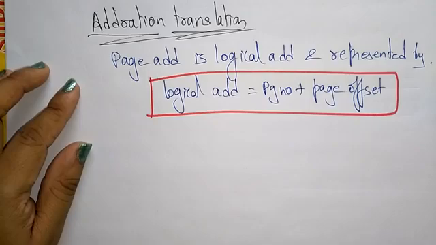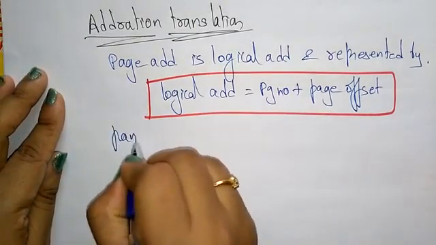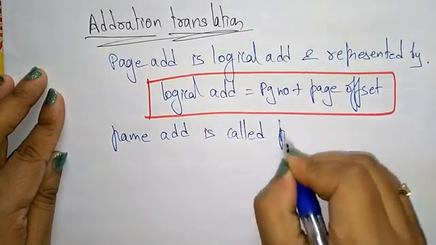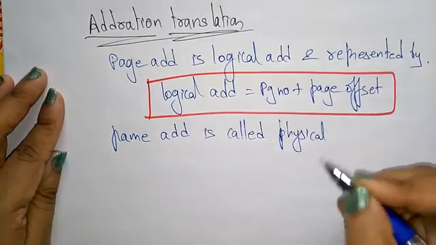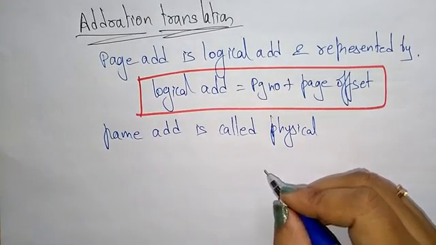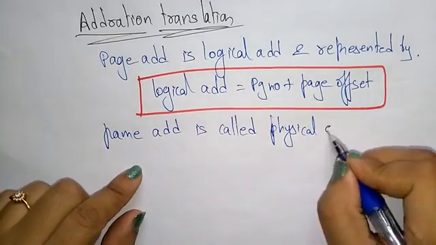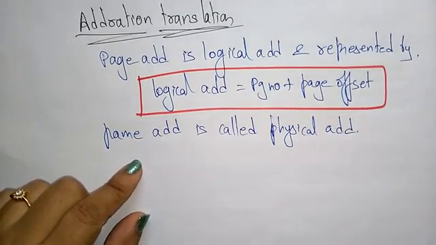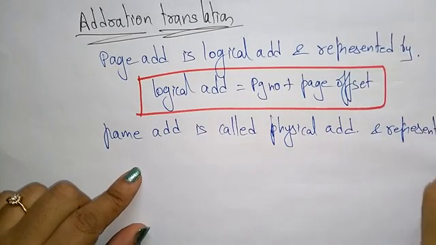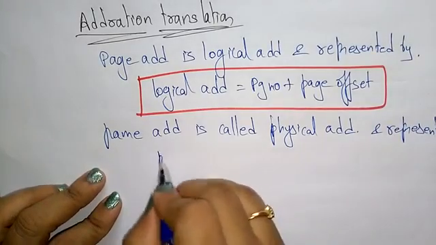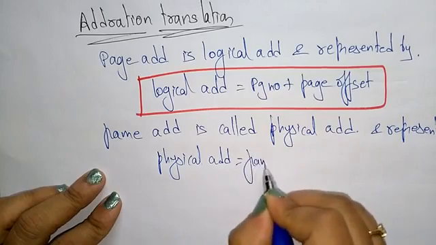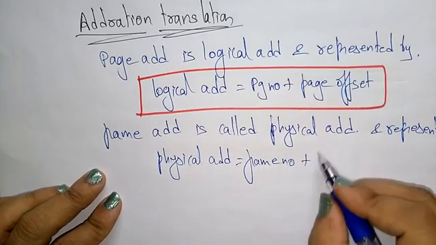Coming to the frame address, it is called the physical address, because we are dividing the main memory into frames, and the main memory is the physically installed memory. The frame address is called the physical address and is represented by physical address equal to frame number plus page offset.